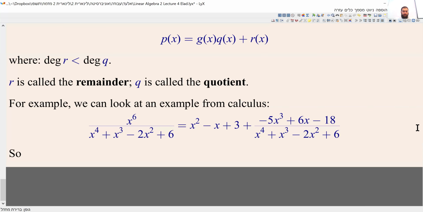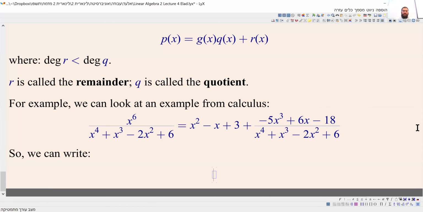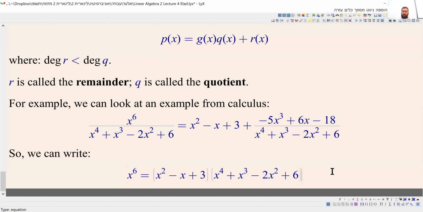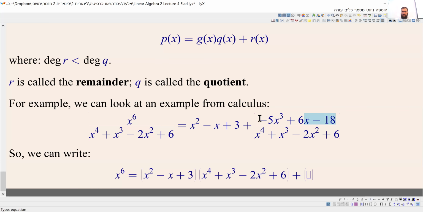So we can write that x to the power of 6 is x squared minus x plus 3 multiplied by this stuff, and we add this stuff as well.